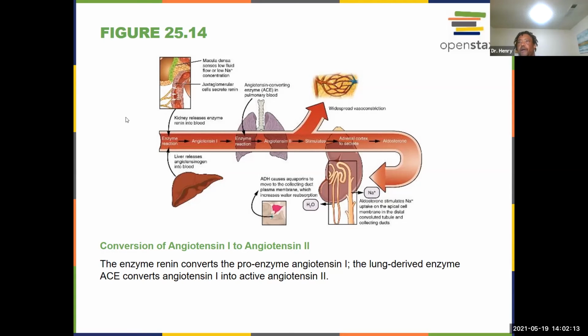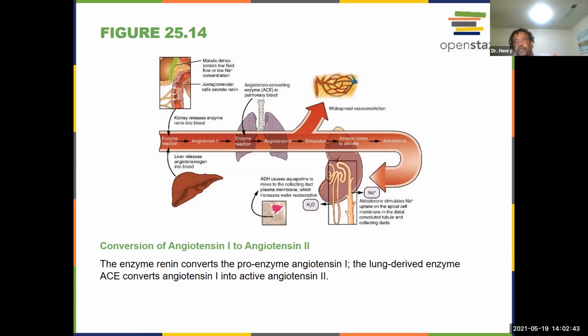One of the things that is going to be happening: the kidney is going to release an enzyme called renin into the blood. Renin's job is to convert angiotensinogen, and the liver is actually going to release the angiotensinogen into the bloodstream.